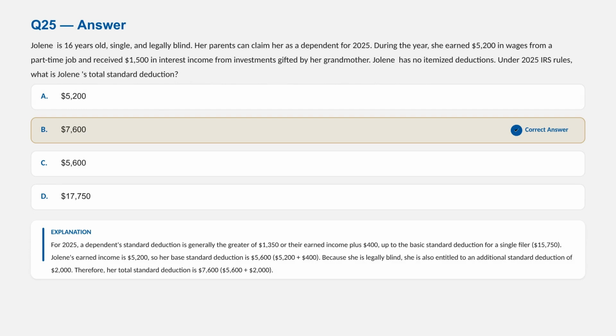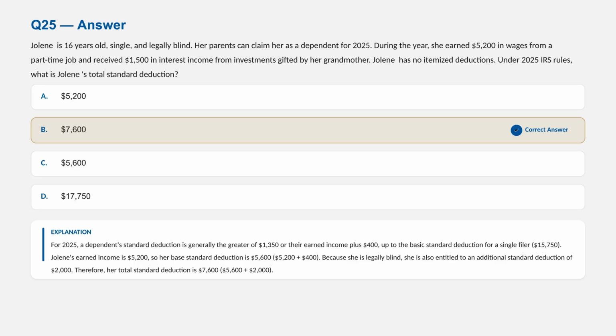$7,600. For 2025, a dependent's standard deduction is generally the greater of $1,350 or their earned income plus $400, up to the basic standard deduction for a single filer, $15,750.